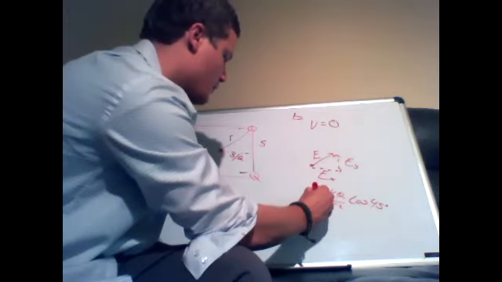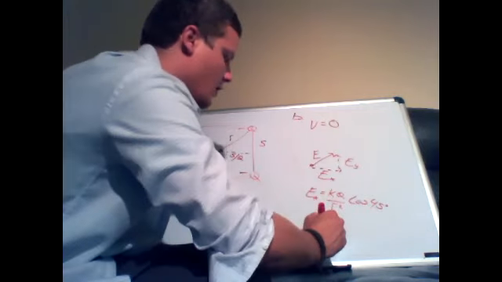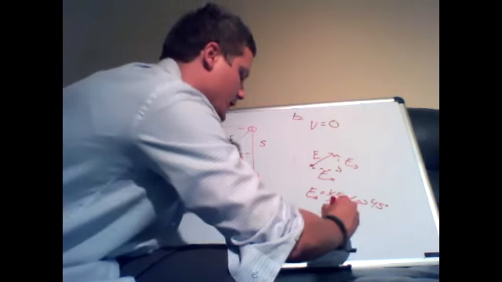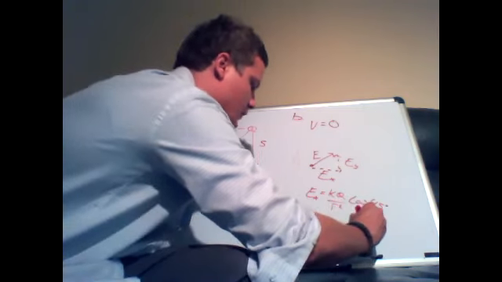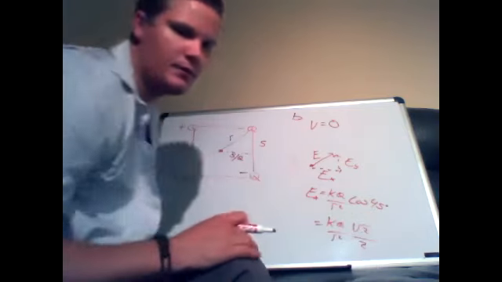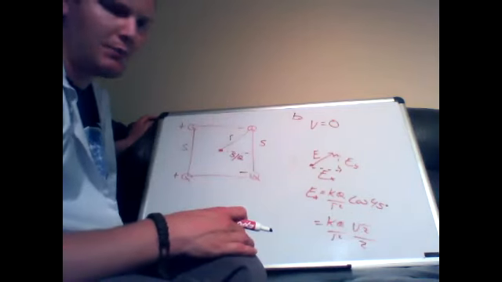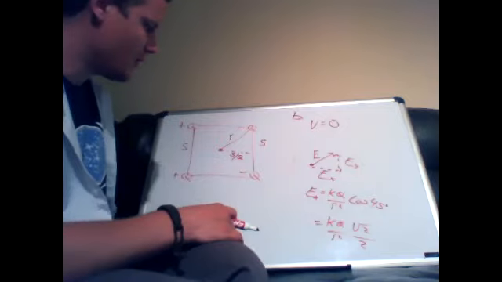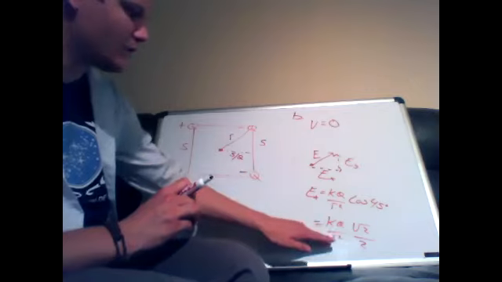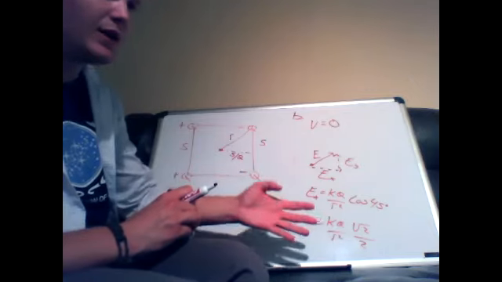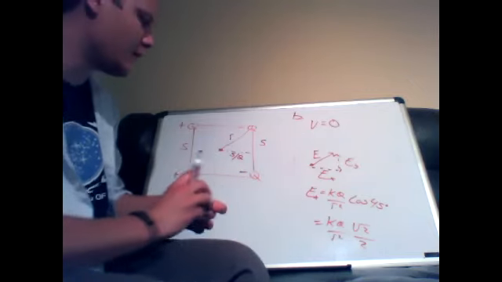Therefore, our field can also be written as KQ over R squared times the square root of 2 over 2. And again, because there's that symmetry, the total electric field is just 4 times this amount. If this is what one of them is, then 4 of them is just 4 times this amount.